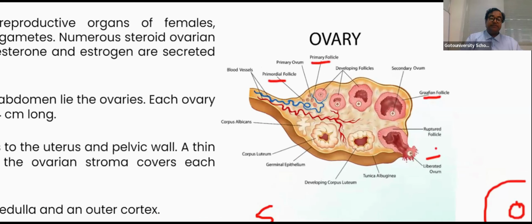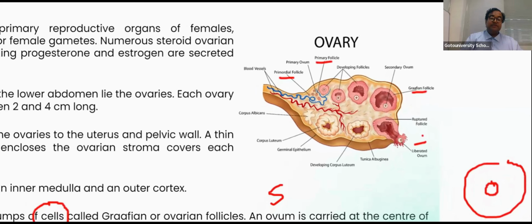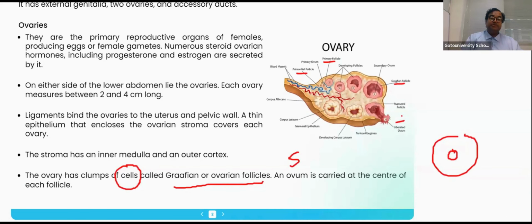This corpus luteum is going to slowly become corpus albicans, right? In some books they write corpus albicans. In most of the CBSE textbooks and associated guides, it is written corpus luteum will become corpus albicans, right?